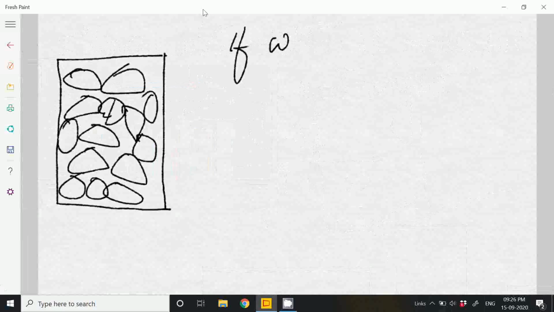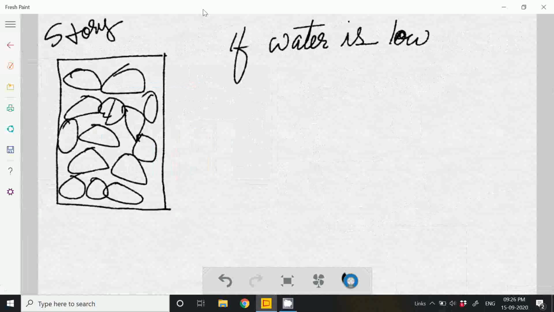If water is low, take this concept as a story. Just think of it as a story. This is very important. The start of the story is, if water is low, what will happen?